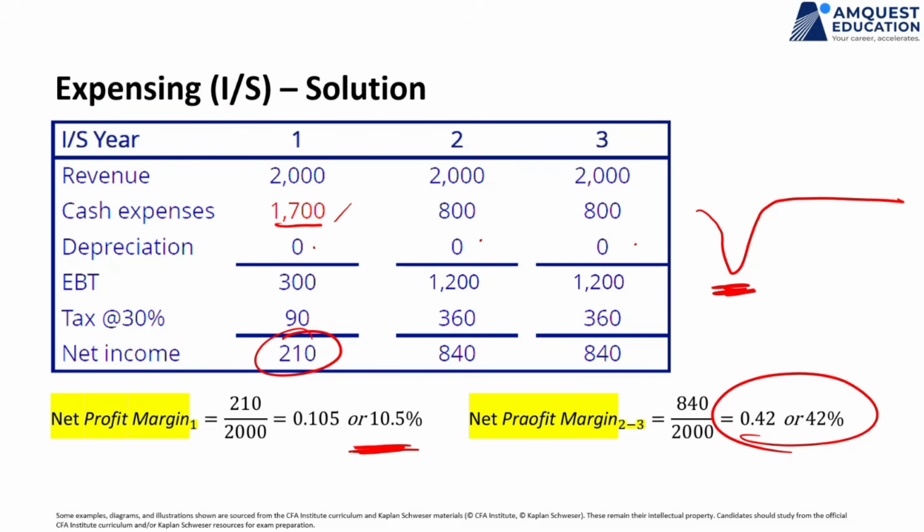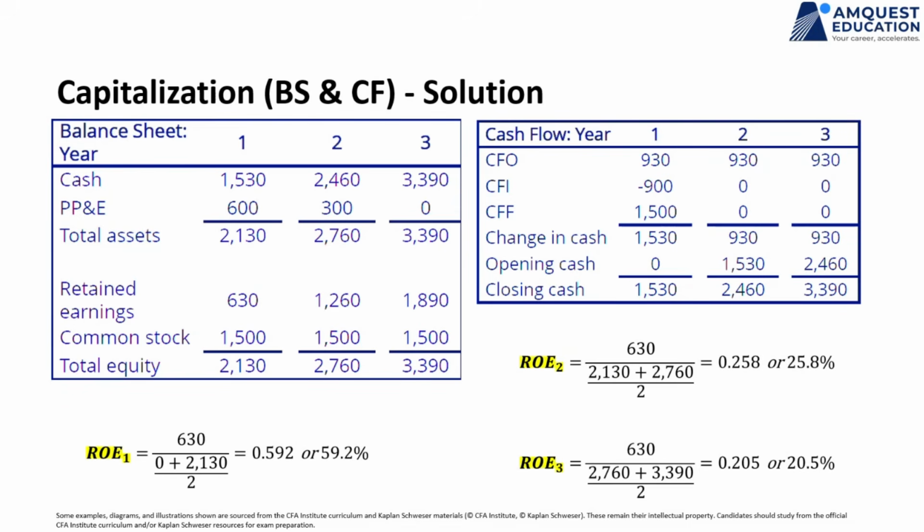Because the profits are lower, the return on equity numbers will also be lower in the latter case. In this case, the return on equity is very simple. ROE, return on equity, is profit after tax divided by average equity. So equity is these numbers.